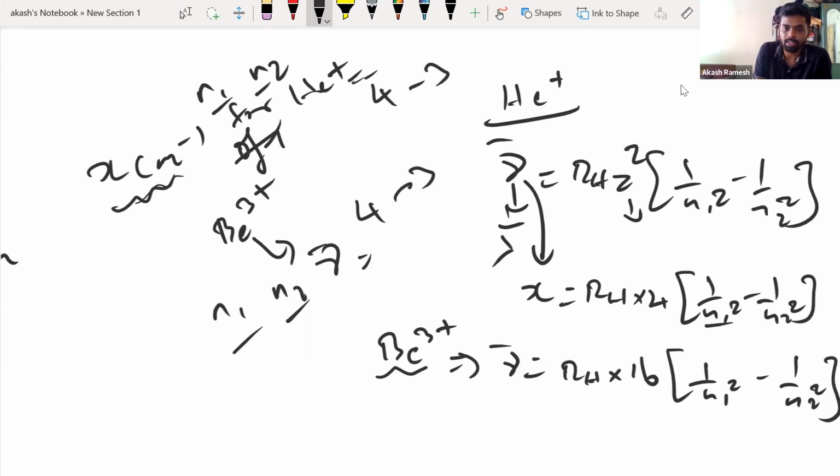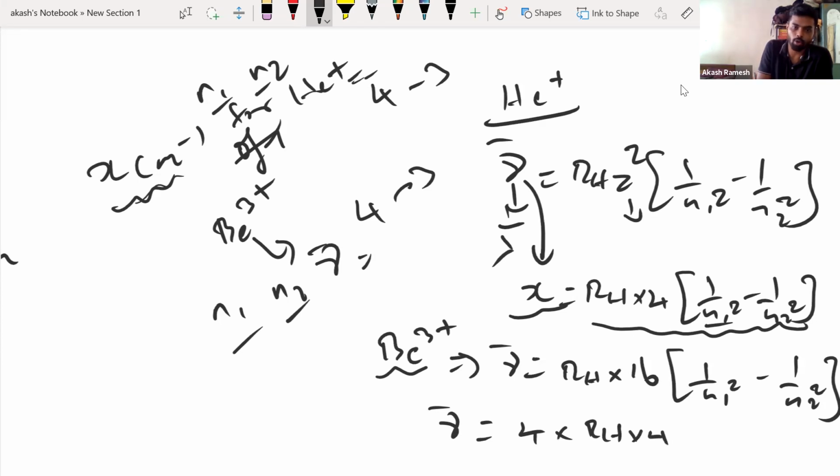Now look at this: 4 into RH into 1 by N1 squared minus 1 by N2 squared is X. So for beryllium, mu bar is equal to 4 into RH into 4 into 1 by N1 squared minus 1 by N2 squared.